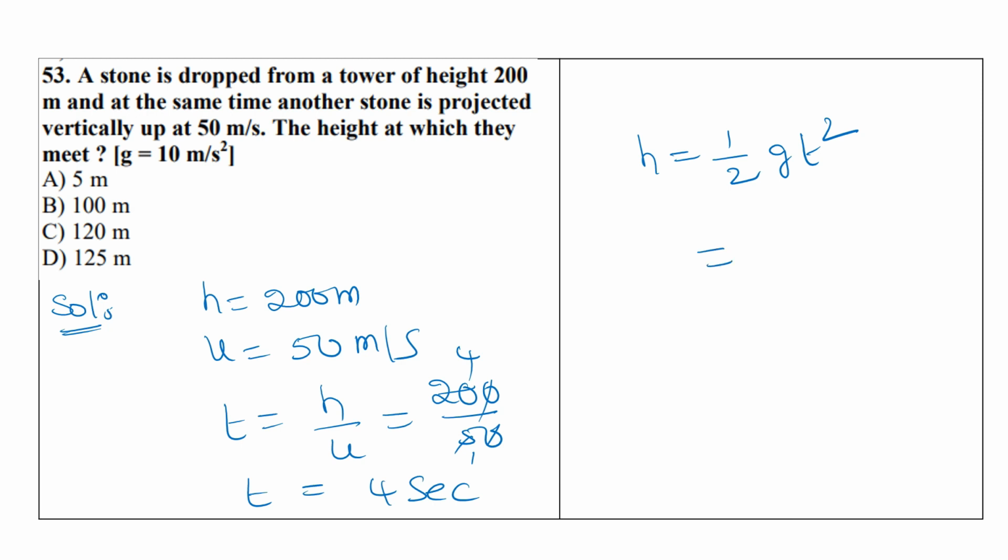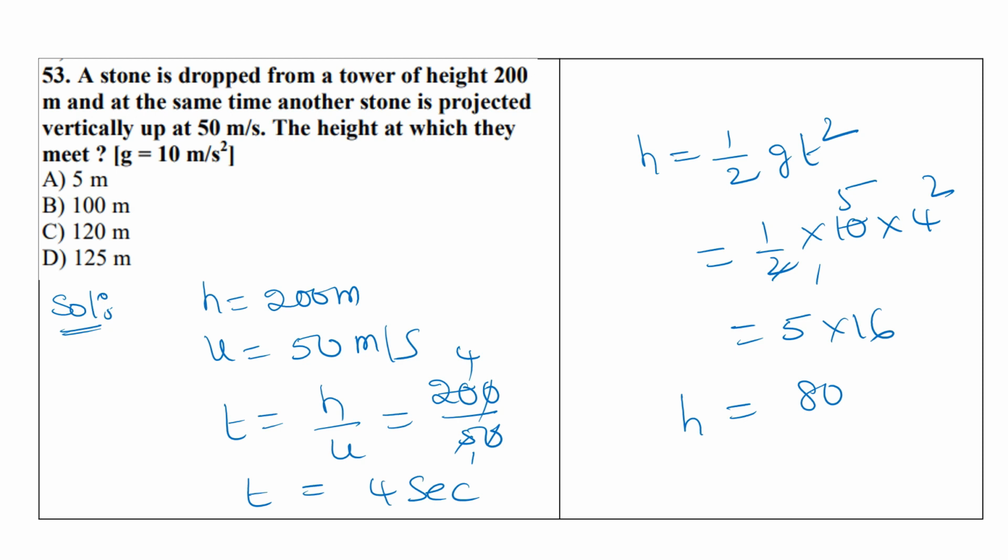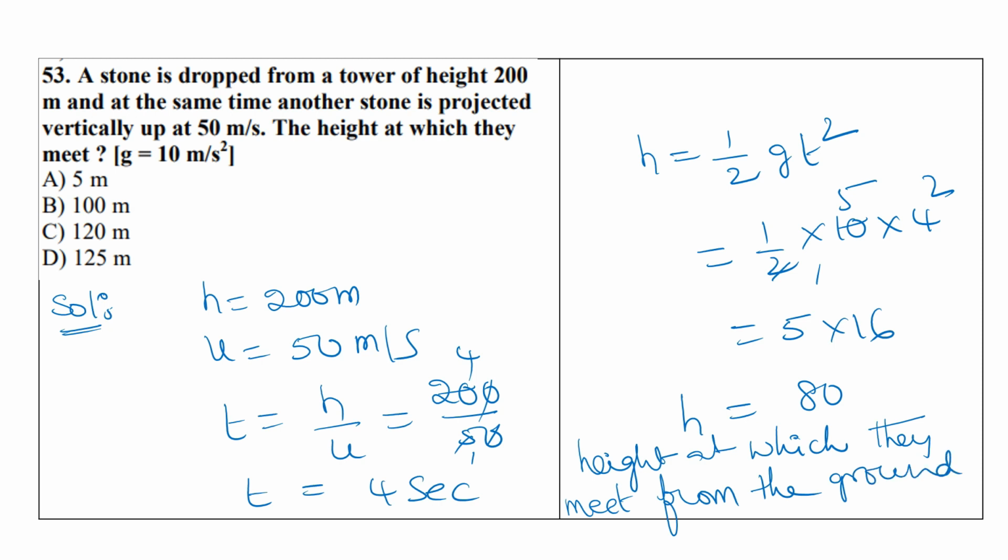Here half g is 10 and t square is 4 square, that is 16, and 5 into 16 is 80. Here, for the height at which they meet, we have to subtract this from 200 to get the height from the ground, that is 200 minus 80.